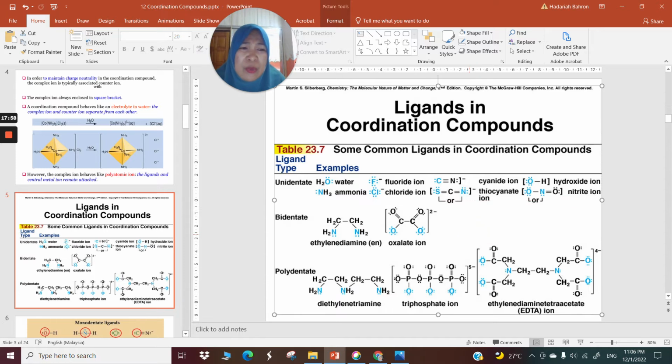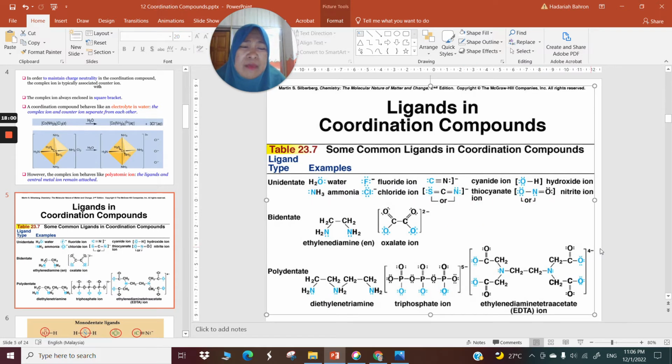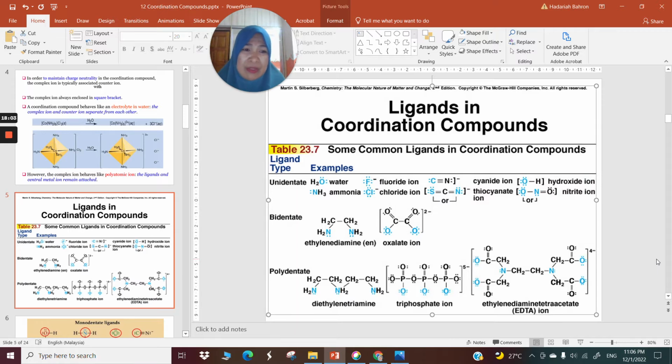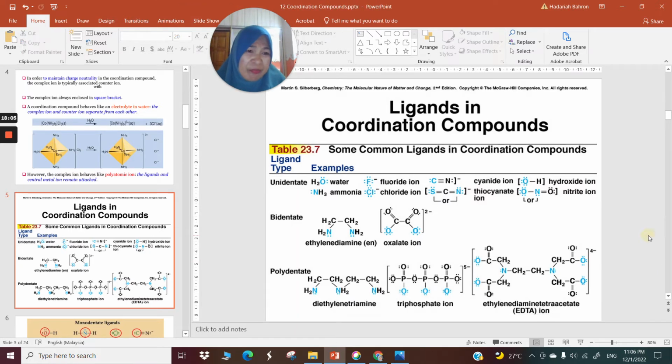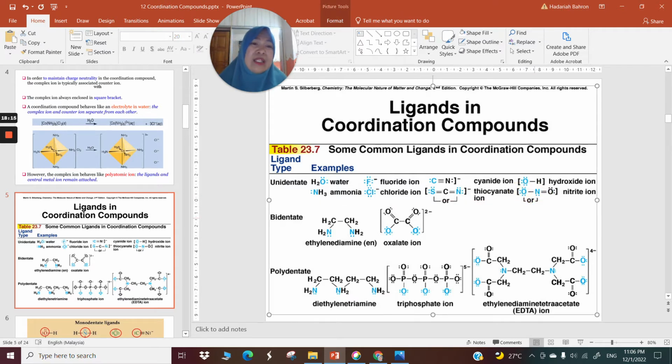Depending on which is the donor atom, the behavior or even the name of that ligand will change. The same applies to NO2, which can donate electrons from oxygen or from nitrogen. When it donates from oxygen, you have a different name for it; when it donates from nitrogen, it has a different name. We will go through this when we get to isomerism later. So that's the story about unidentate or monodentate ligands.